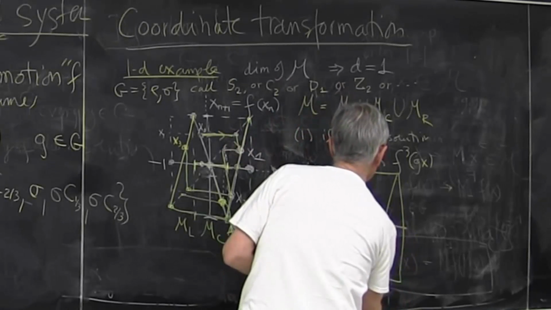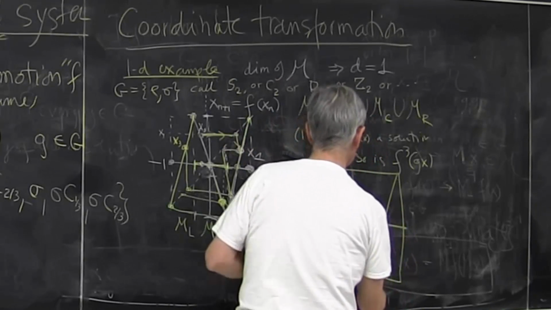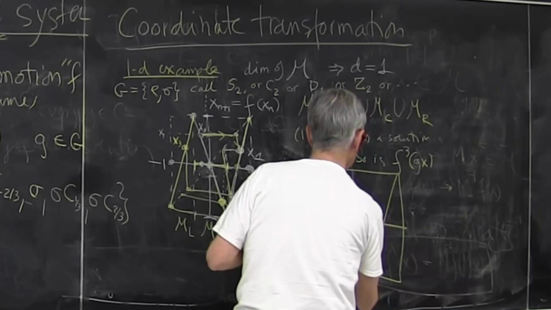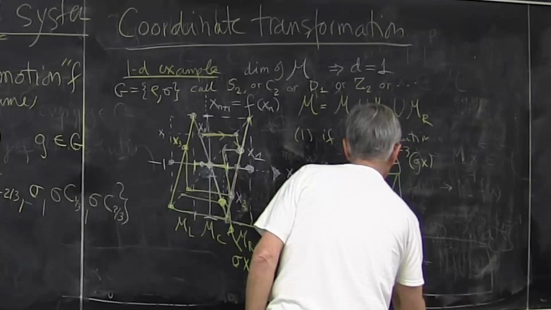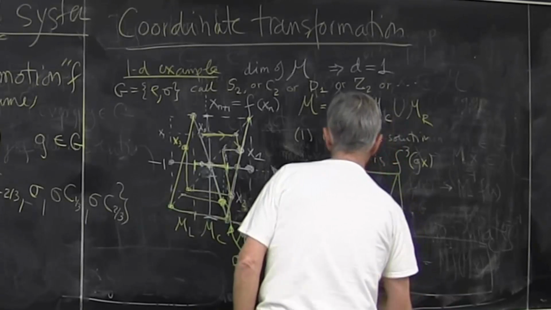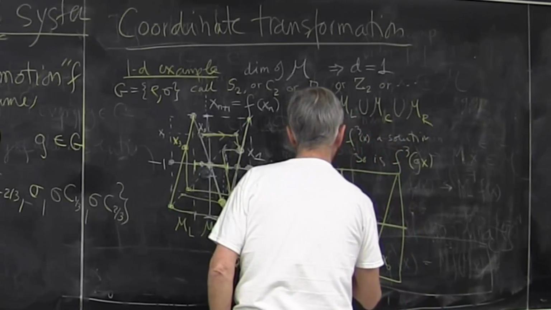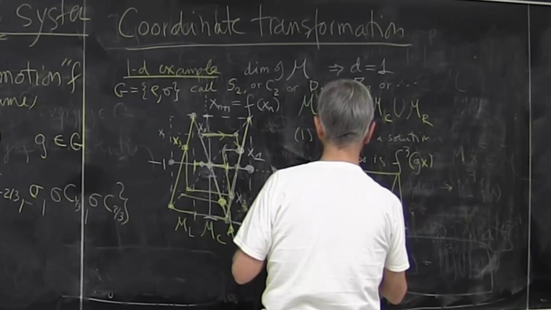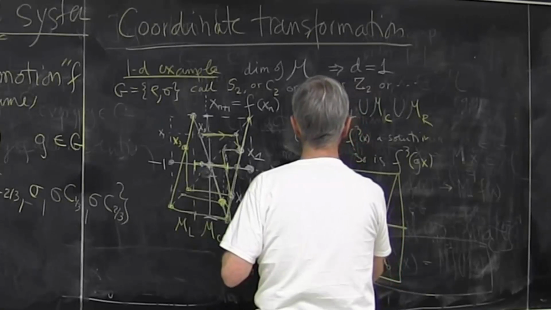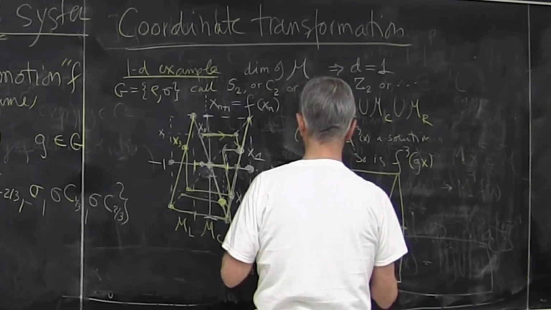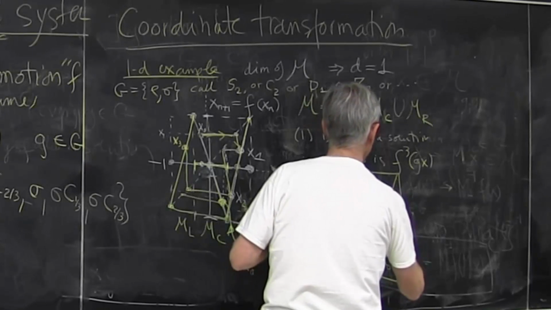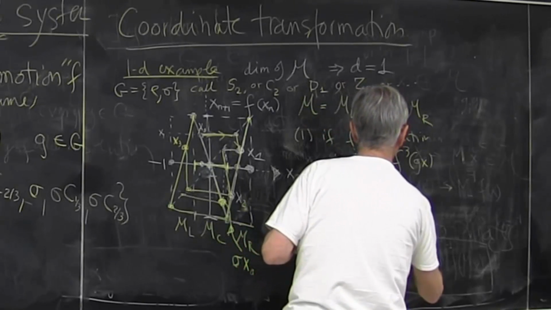And if I start here, then the thing will look like that. So this is sigma of x0. This is sigma of x1. And then it goes here. Sigma of x2. And sigma of x3.